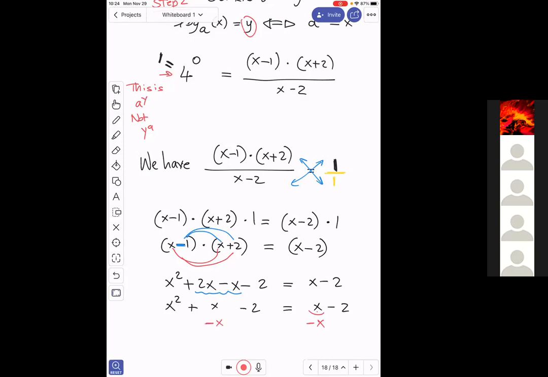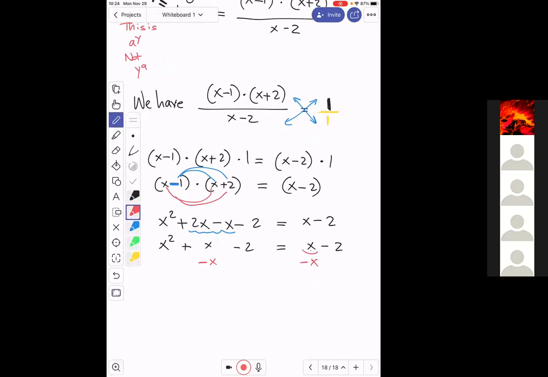Okay, so if you do that, then it's now x squared, and as you can see, the x minus x cancels out here, and then it's just x squared minus 2 equal to minus 2. All right, and now you have only x squared, right?